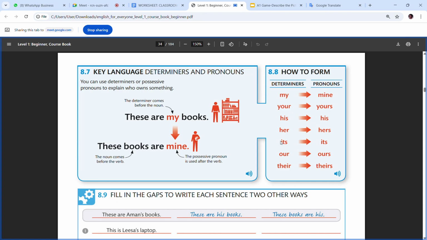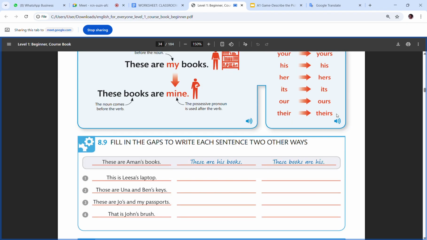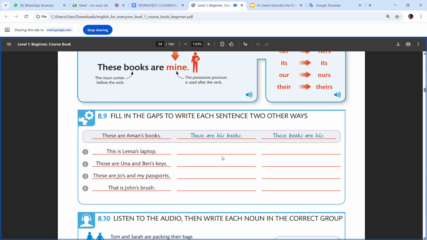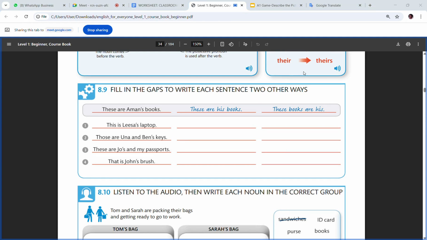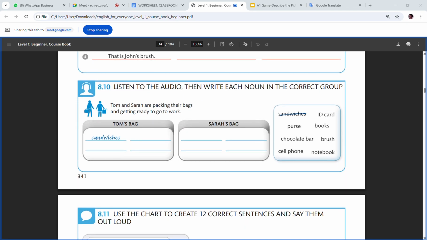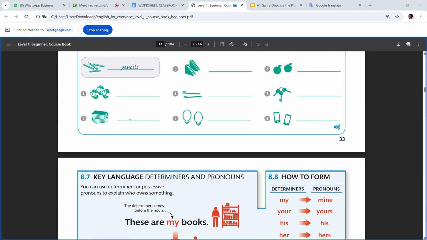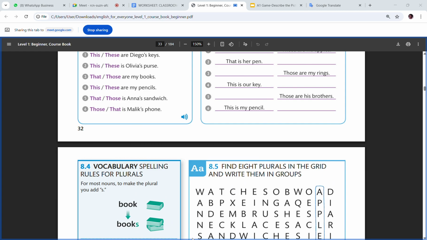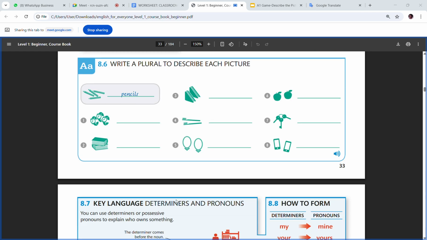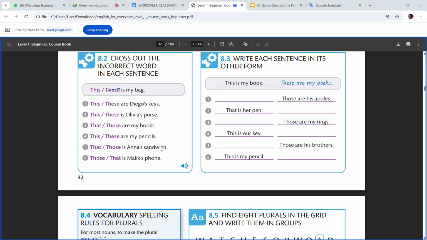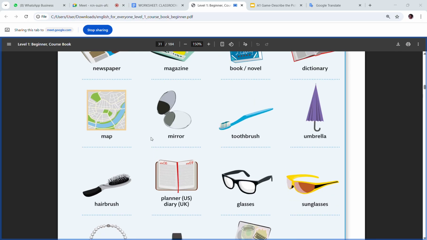But its and his have s already, so they stay the same, right? So you need to just remember, okay? You can practice this on page 34. Here are some more exercises, okay? Go back, look at some exercises there and practice, okay? Is it easy or is it difficult?